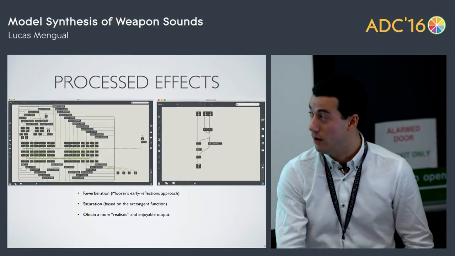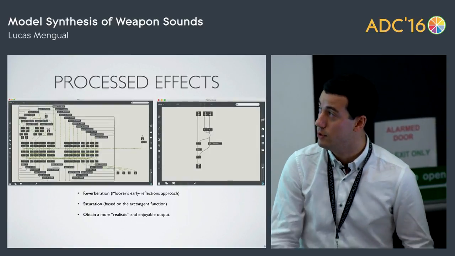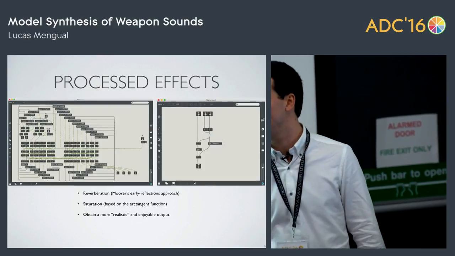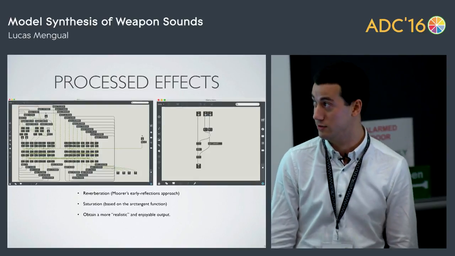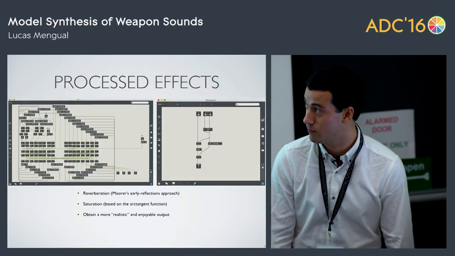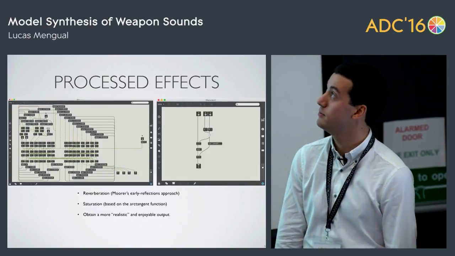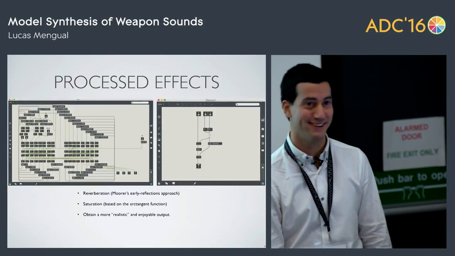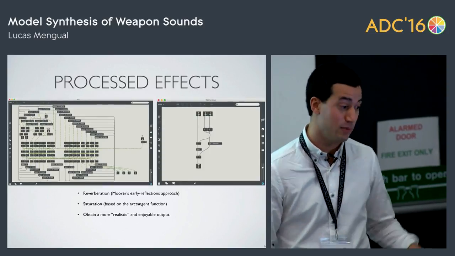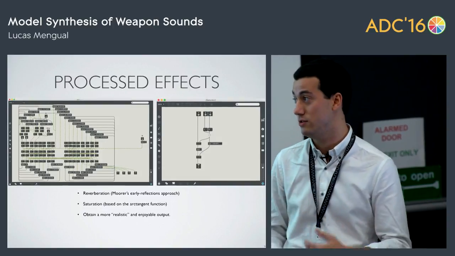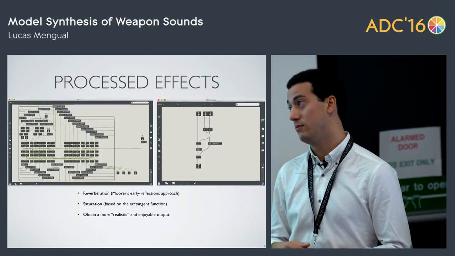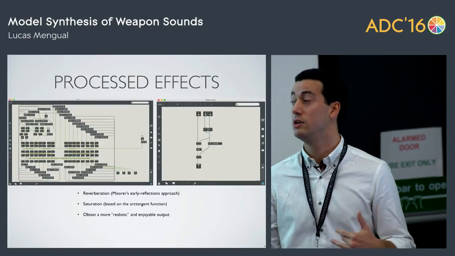Another innovative feature that I added to the model is process effects. So yeah, this was innovative, apparently. No one did it before. Basically, what I did is that I added reverberations and saturations to the different models.